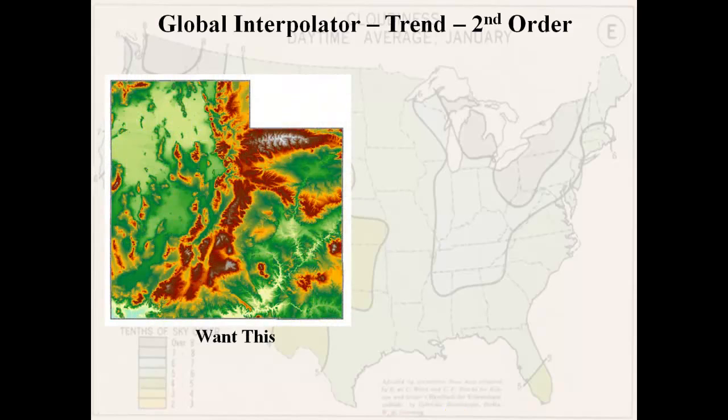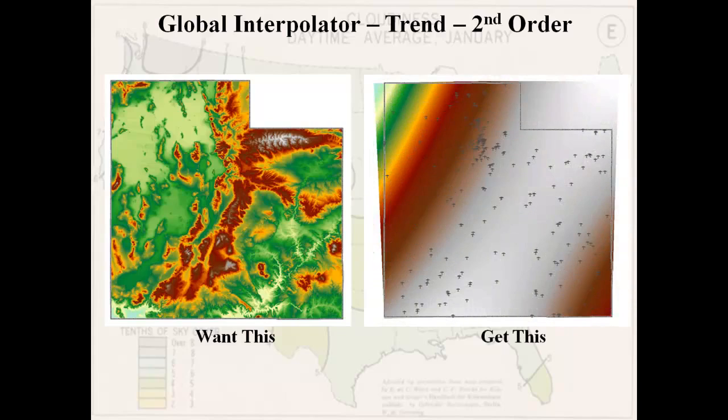Here's a second order. Now what would second order look like? It's going to be like a U or an upside down U. In this case, it's like an upside down U. So the highest elevations run along this axis here, and the U then slopes down in both directions. That does a better job of showing this mountain range, this kind of frame of Utah, the backbone of Utah here.